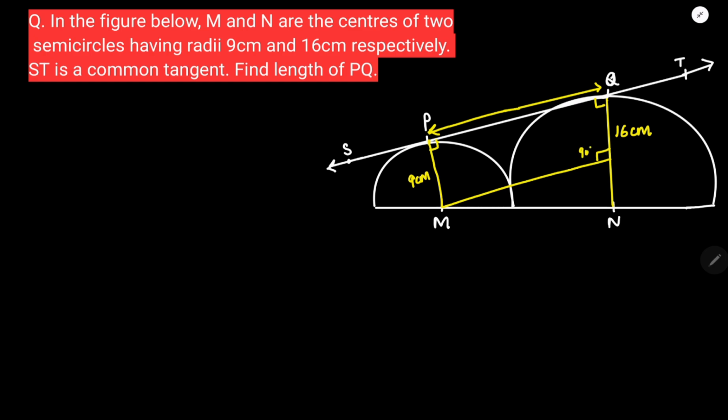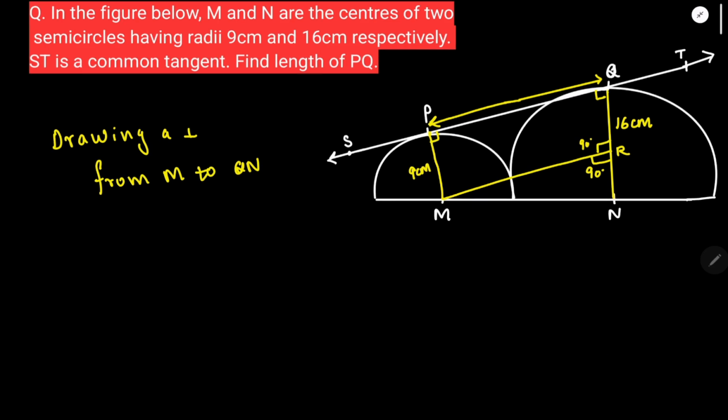Suppose I say this point as R. So you can write drawing a perpendicular from M to QN, so this is 90 degree. This will also be equal to 90 degree, because this is a straight line, right?